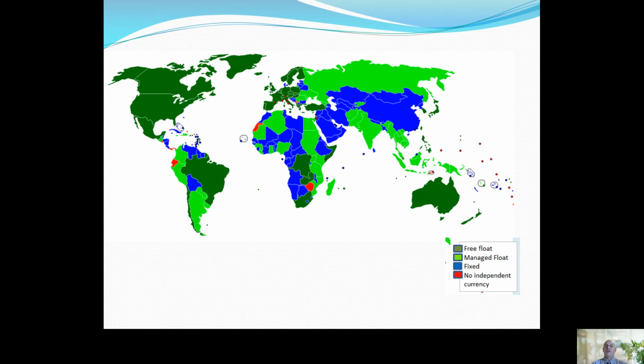If the government wants to fix its exchange rate, it has to directly intervene into the market to keep the price the same. But when exchange rates change, that has an impact on prices. And so we discovered that if the US dollar becomes weaker, then imports into the United States become more expensive and exports become cheaper.